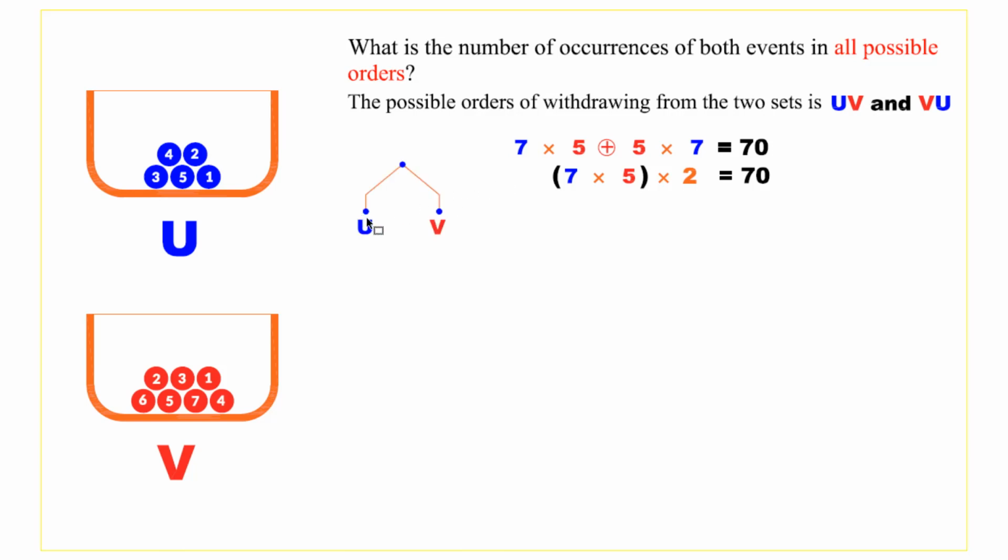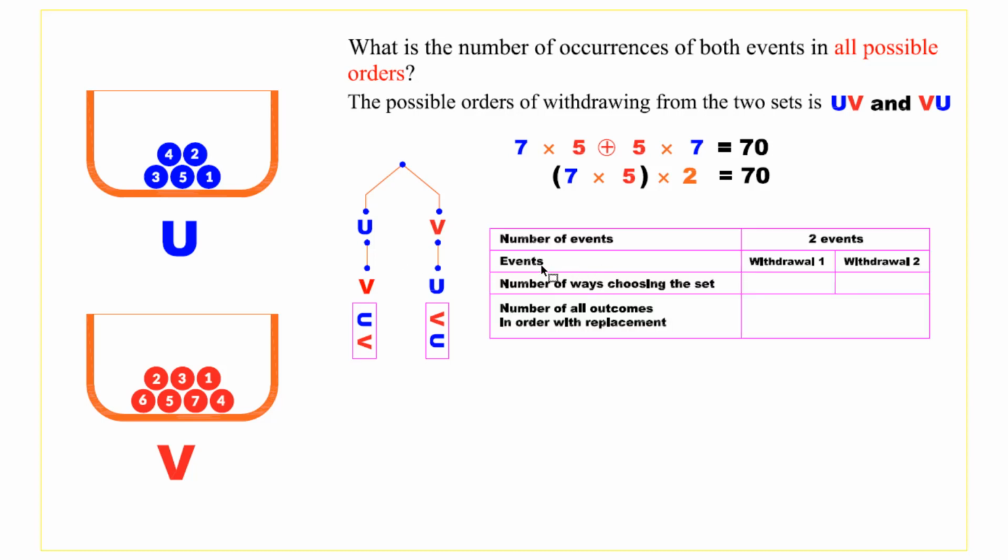We may choose set U or set V, and if we choose one we cannot repeat that, so we end up with V and U, or U and V. So the number of possible outcomes are UV or VU, and this is permutation of two sets without replacement. We are not repeating U after choosing it in the first event.